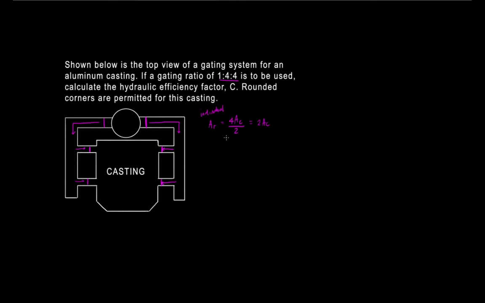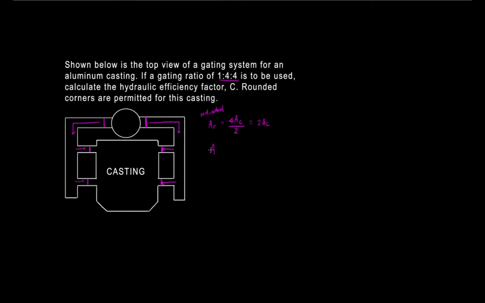Okay, so again, class, the gating ratio is the ratio of the choke area versus the total runner area versus the total in-gate area. So if you want to compute for the individual areas, you need to divide the total by the number of runners and in-gates that are available in the system.